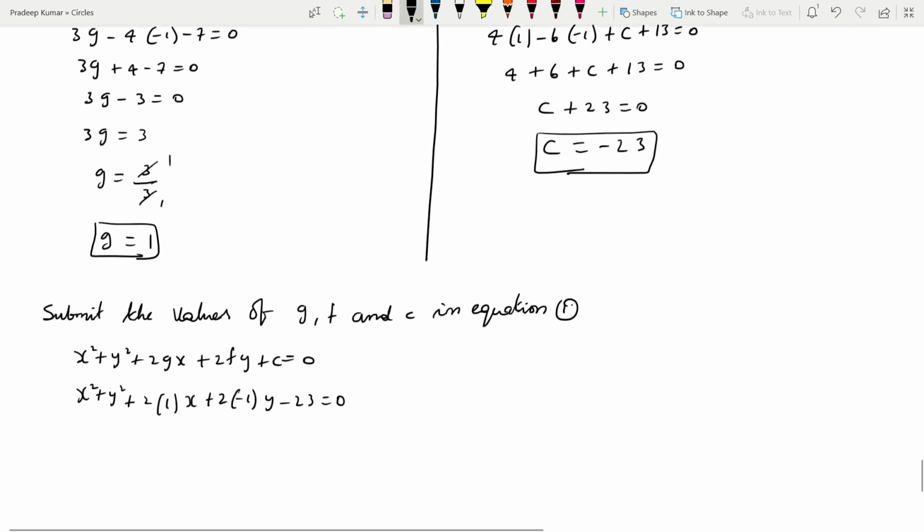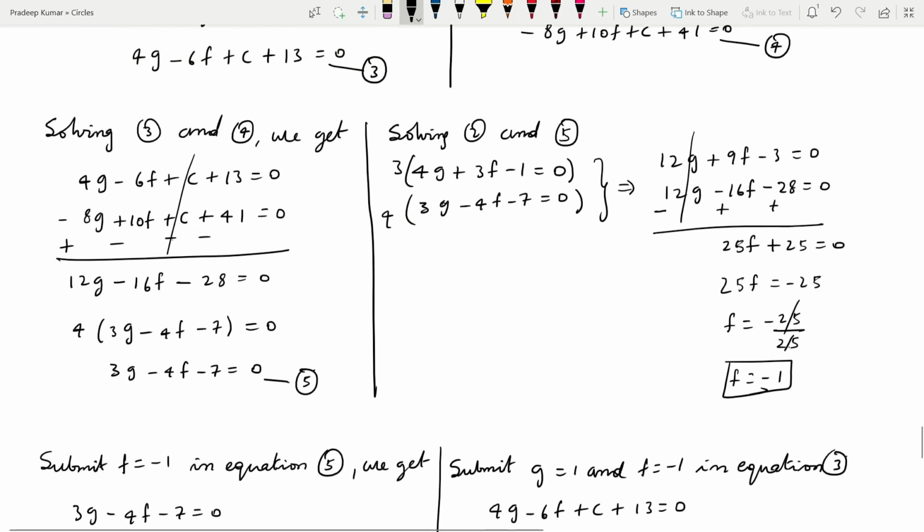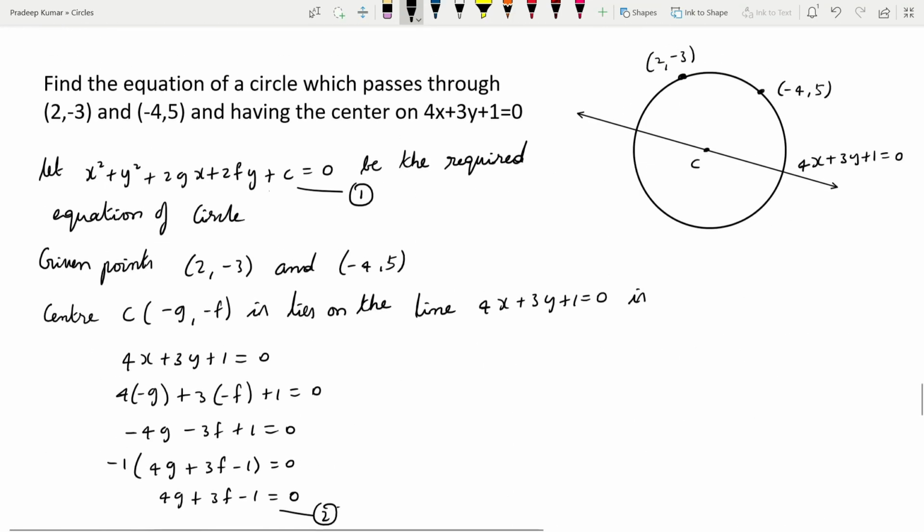So let's solve this further. This will be x square plus y square plus 2x, then 2 into minus 1, that is minus 2y, minus 23 equal to 0. Okay. So this is the required equation which they asked us to find. In the question, they gave 2 points which are passing through the circle, and also a line which is passing through the center of the circle.